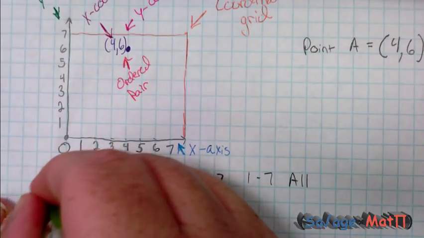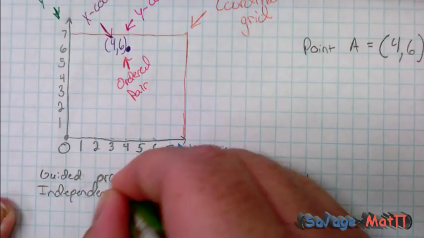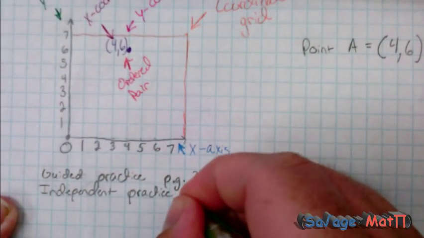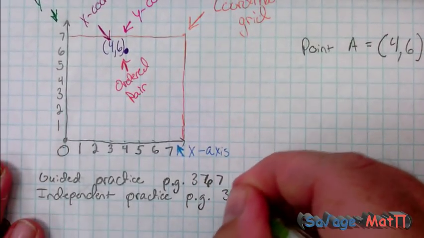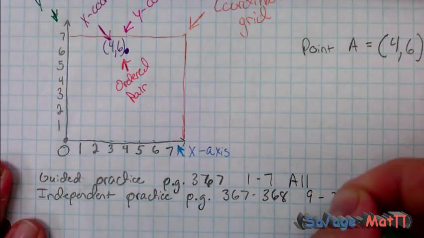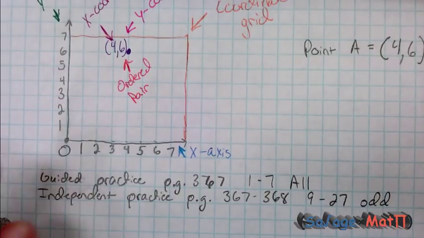Independent practice is on pages 367 through 368, and we're going to do 9 through 27 odd. Like I said, we can continue using the graph paper, and if we need to, we can staple it into our math notebooks when we're done with it.